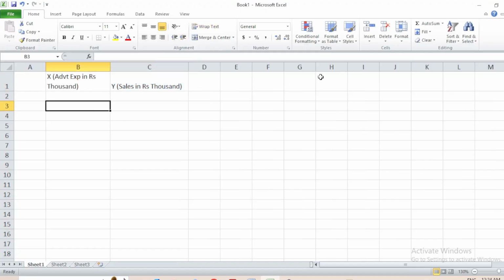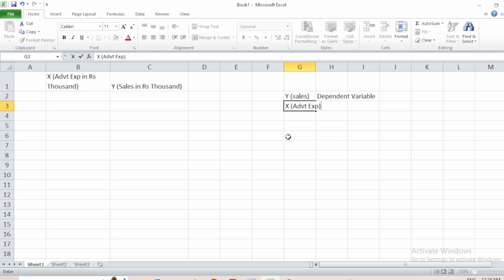So they are basically assuming that the variable y, which is sales, is a dependent variable, and variable x, which is advertisement expenditure, is an independent variable.